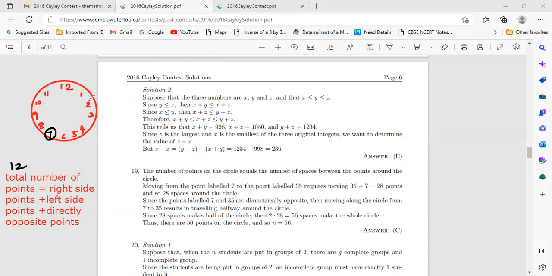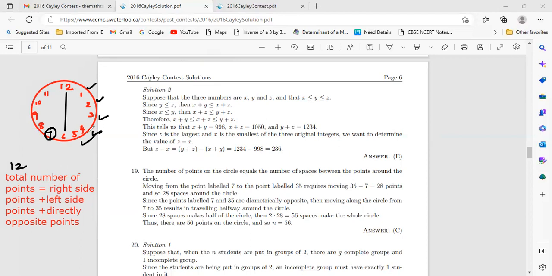And also they said that they are directly opposite to each other. So if you take these two, the 12 and 6, if you check their differences, you're going to have 1, 2, 3, 4, 5 points, isn't it?